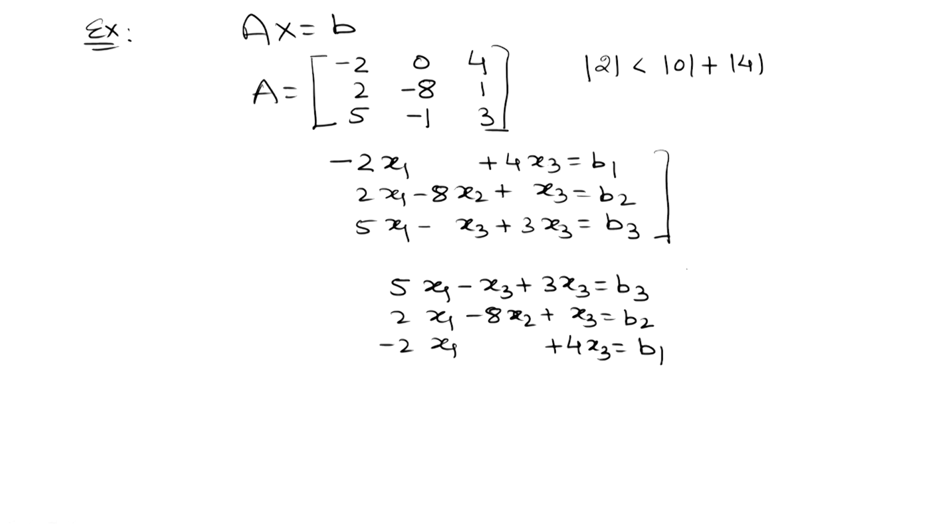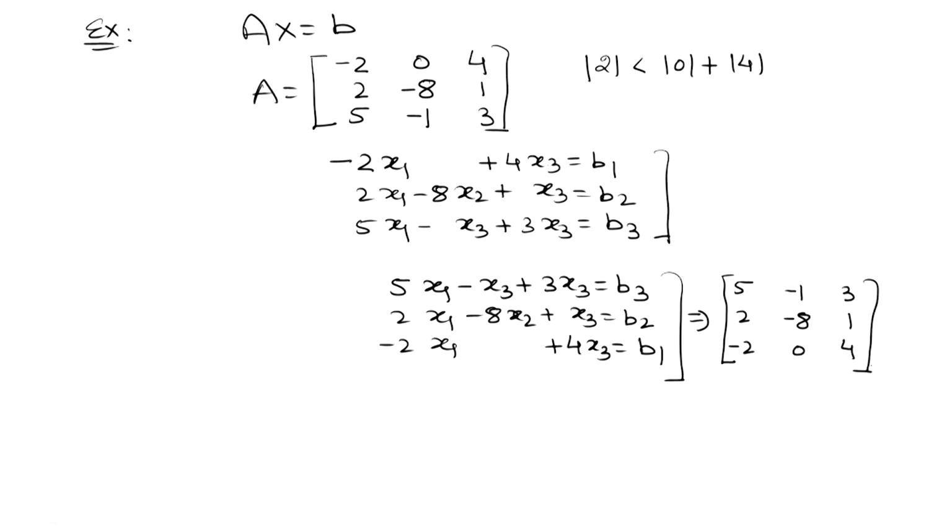These two systems are the same and will have the same solution, I have just interchanged the order of equations. Now the coefficient matrix of this system becomes 5, minus 1, 3, 2, minus 8, 1, minus 2, 0, 4.